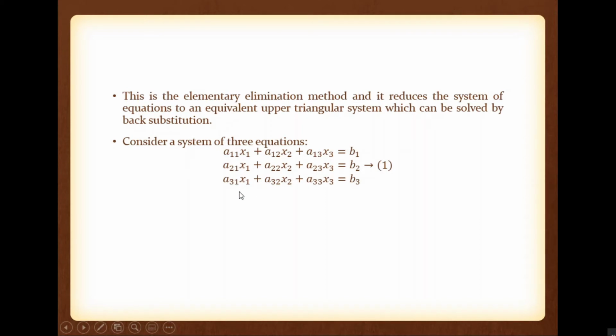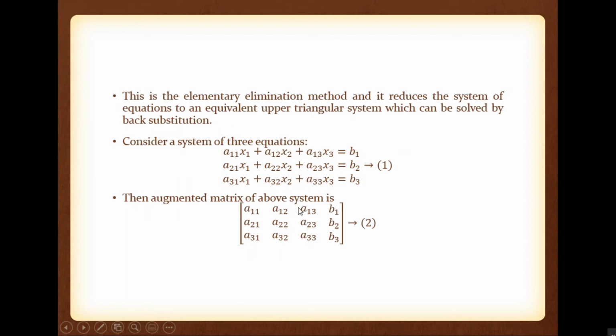Then A31 x1 plus A32 x2 plus A33 x3 is equal to B3. So this one is a given system. Now convert the given system into augmented matrix. So this one is an augmented matrix: A11, A12, A13, B1, A21, A22, A23, B2, A31, A32, A33, B3.